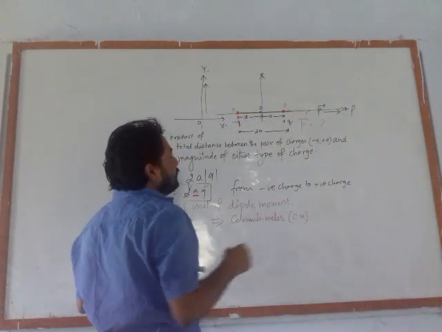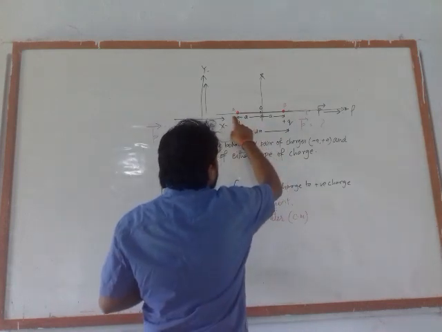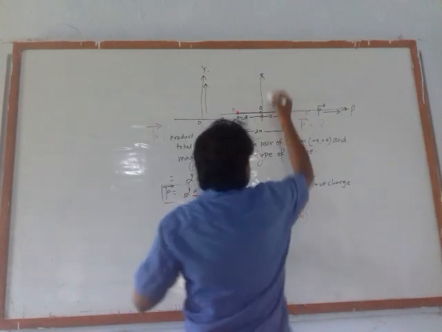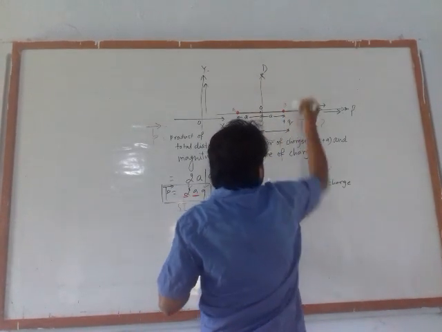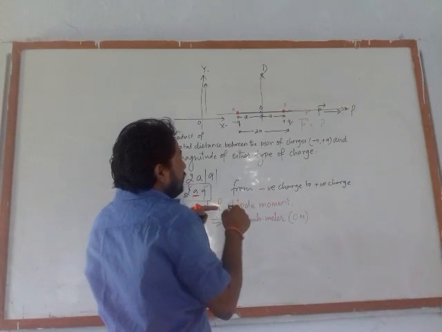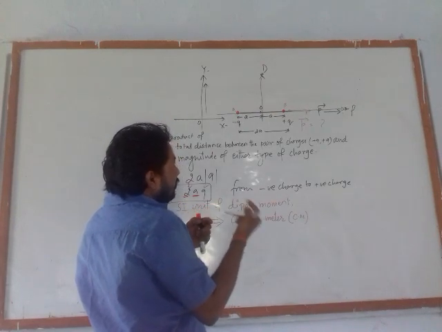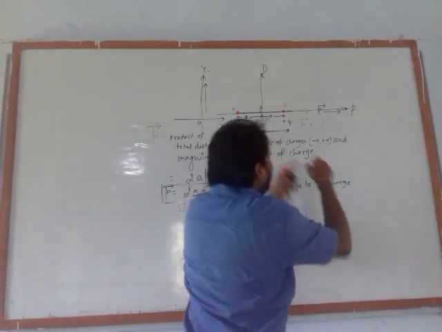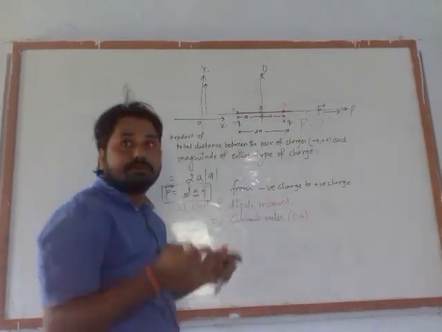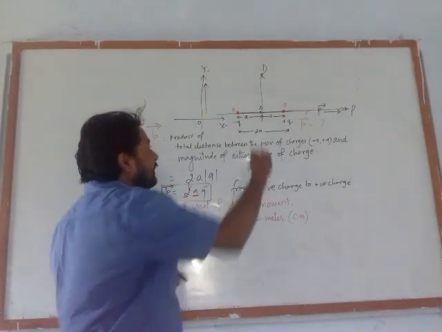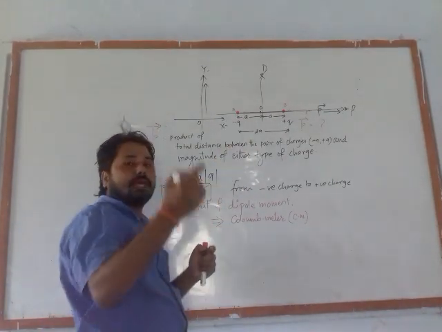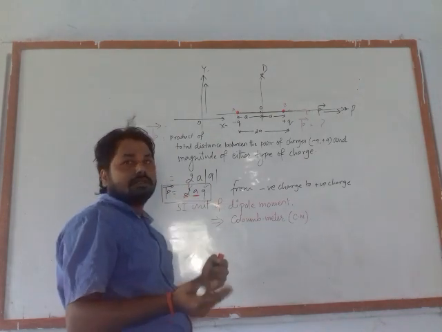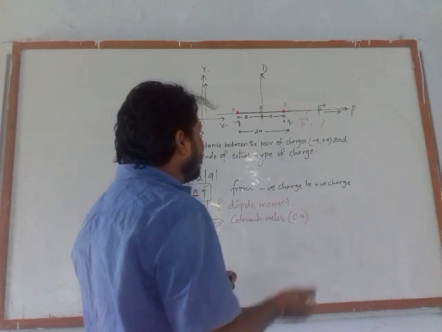If you are able to measure the electric field along the direction of AB and along the direction of OD, then you know the field along the 0 degree and 90 degree directions. If you know the variation of field from 0 to 90, you will be able to calculate 180 degrees and further. So this result will be very applicable.